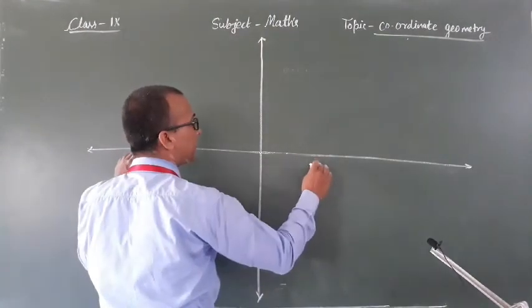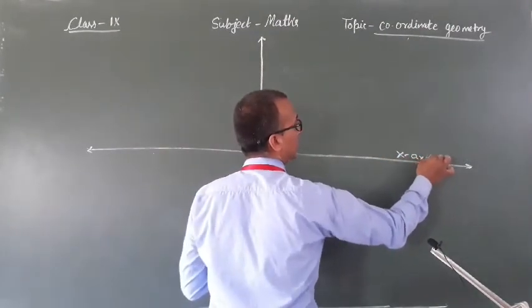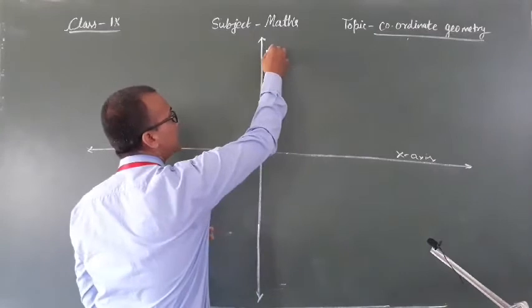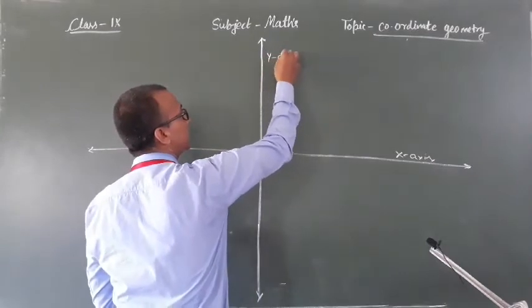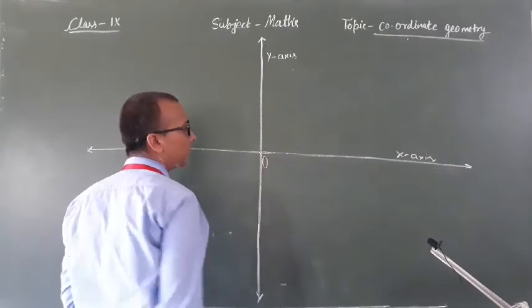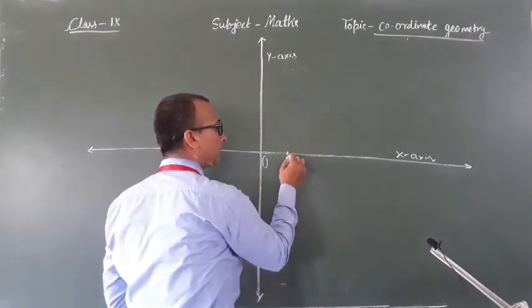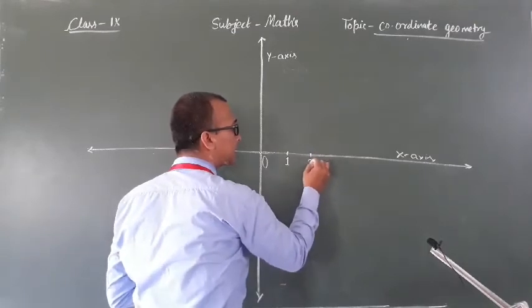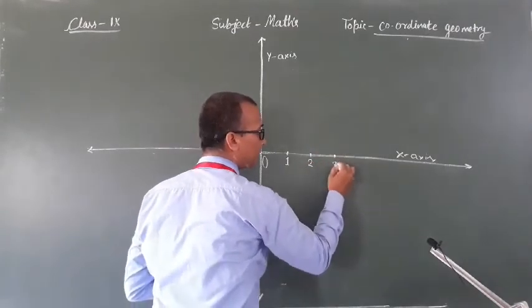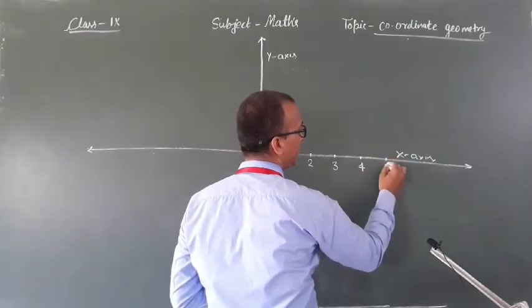Here are two lines intersecting each other, mutually perpendicular. This one is the horizontal line, known as the x-axis, and this is the y-axis, and this is the origin. On the x-axis, this direction is positive, as we have represented positive numbers on the number line.